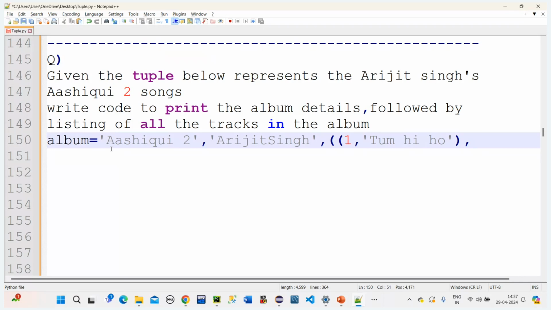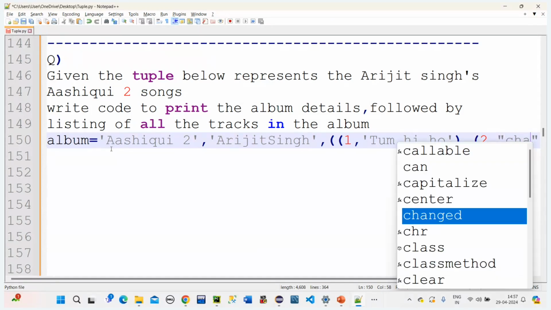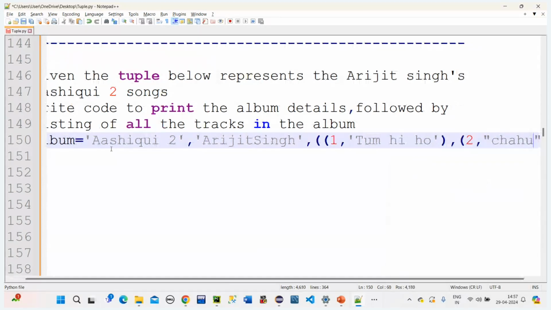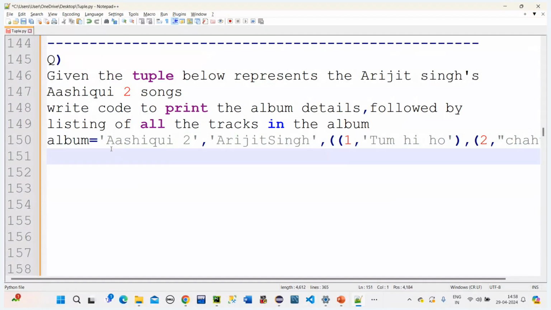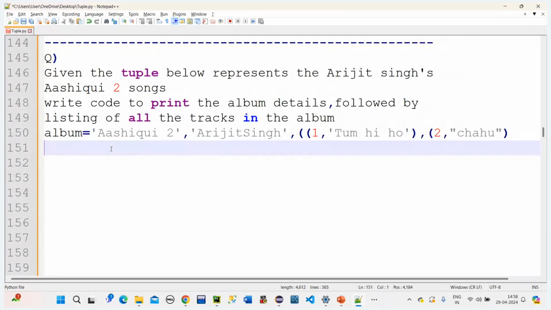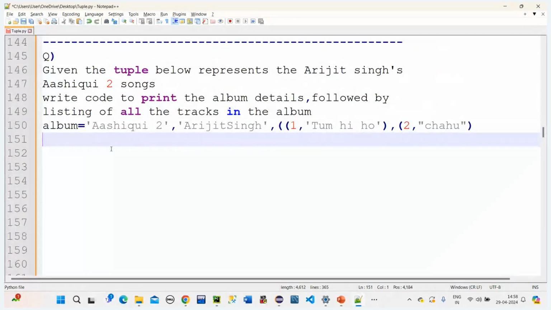The second one is again one more tuple. The second one is Chahun Main Ya Na. Let me write it here. Chahun Main Ya Na. Is it visible to all?